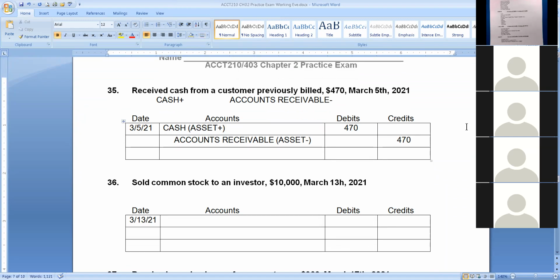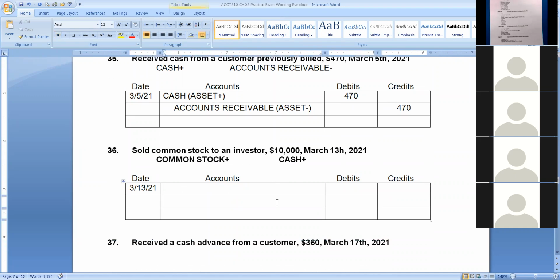So, common stock to an investor for 10,000. What accounts? Common stock and cash. Yep. Let's take the easy ones. Cash going up or down? Up. Common stock going up or down? Up. Good. We have more owners now.